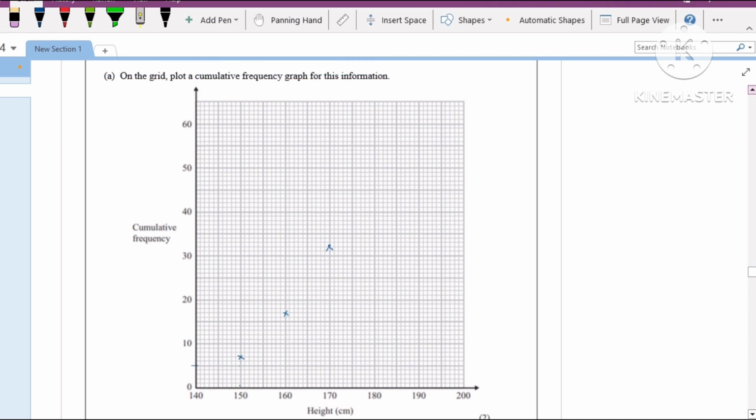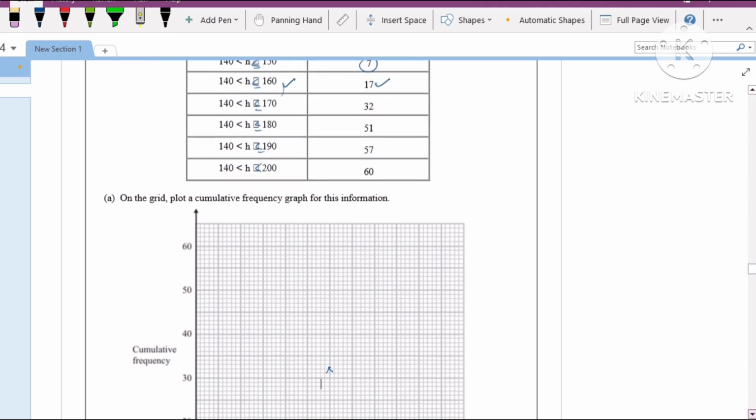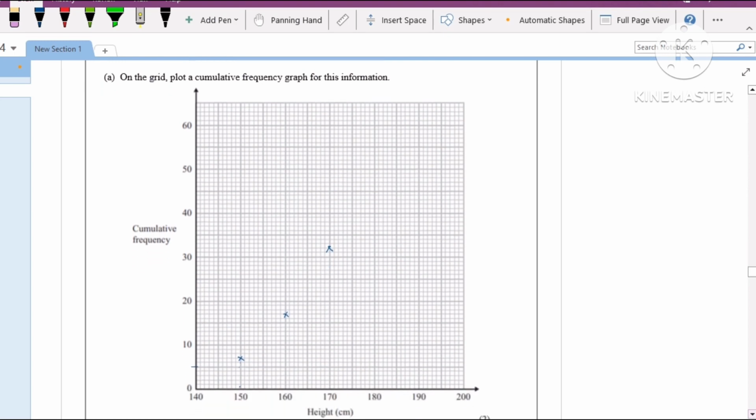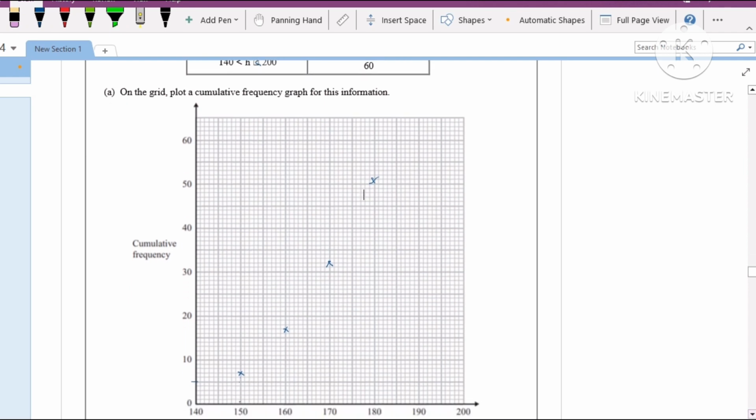The next point is 180 and 51. This is the point. And the next point is at 190 and 57. This is 190 and 57.